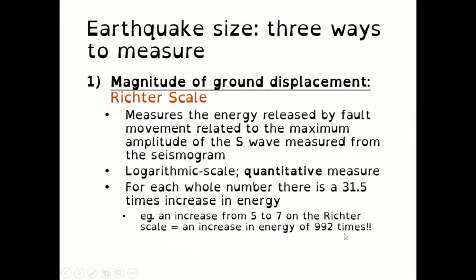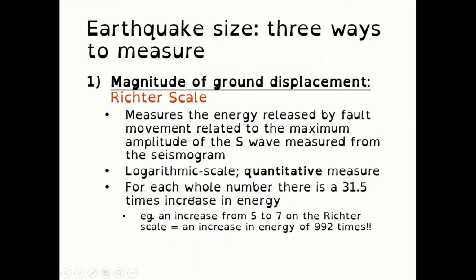And we can measure earthquake size in sort of 3 ways, but kind of on 2. So magnitude or intensity. The first one, the most common one to us, the Richter scale, is measuring magnitude of the ground displacement. Basically it's measuring how much the ground moves. And it's a logarithmic scale, so it's quantitative, unbiased.